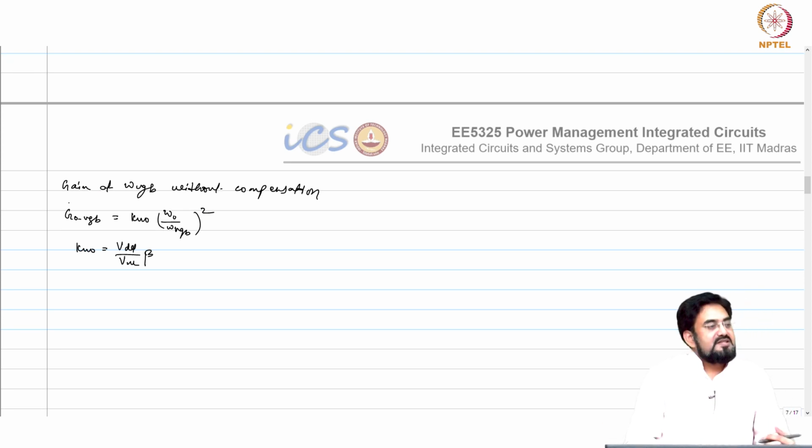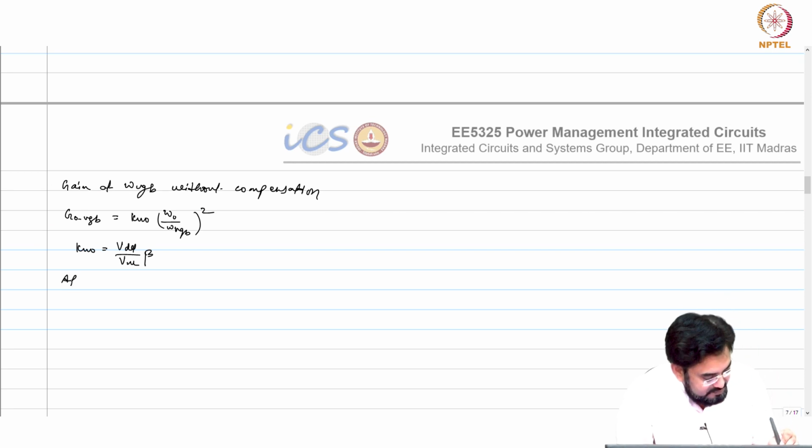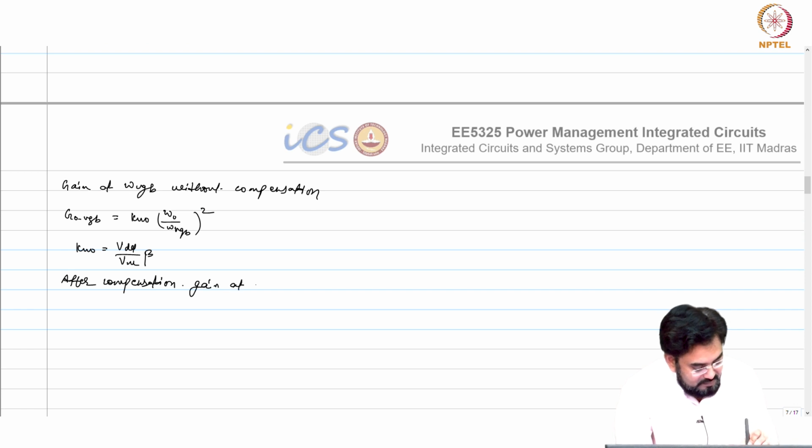So which means how much gain you require? After compensation, what do we want? We want the gain at UGB equal to 1. So what is the gain after compensation?